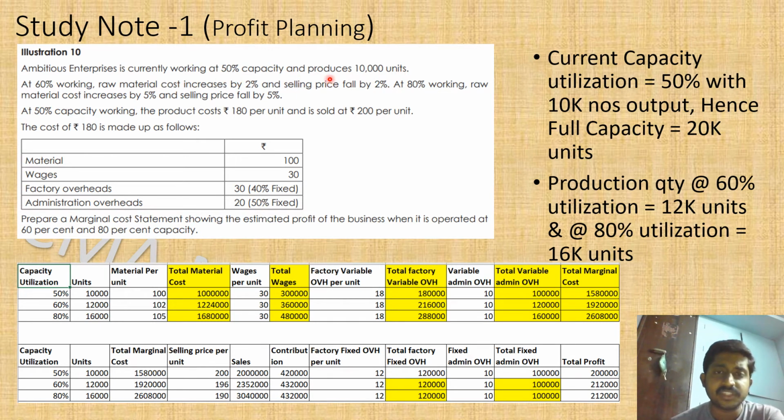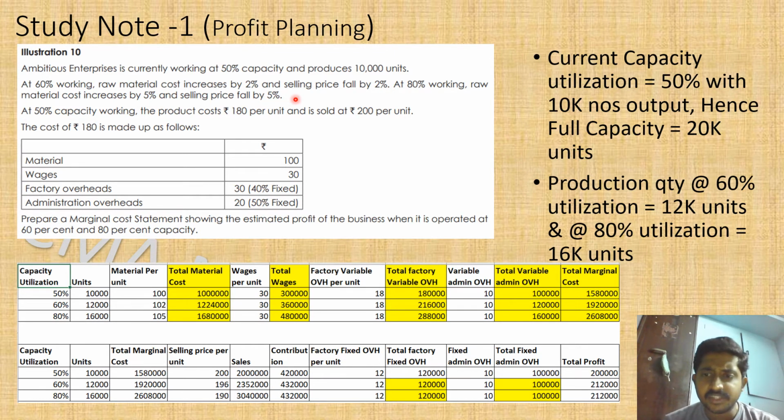So with 50% capacity they are producing 10,000, which means at 100% capacity they have a capacity of 20,000 units. At 60 percent working, raw material cost increases by 2 percent and selling price falls by 2 percent. At 80 percent working, raw material cost increases by 5 percent and selling price falls by 5 percent.